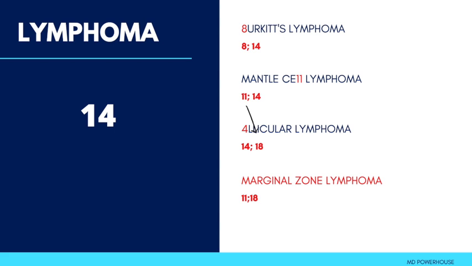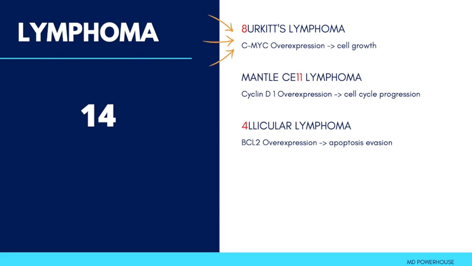There are also some other key points that you have to know about the lymphomas, and they have different markers that the USMLE loves to test. So just for some bonus points here, let's go through them. For Burkitt's lymphoma, that includes c-MYC overexpression, which leads to cell growth.